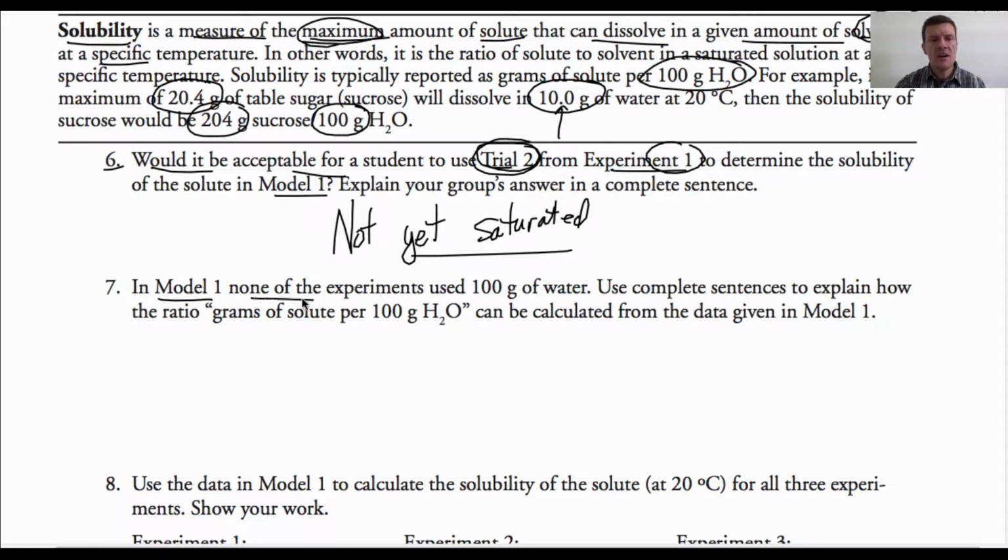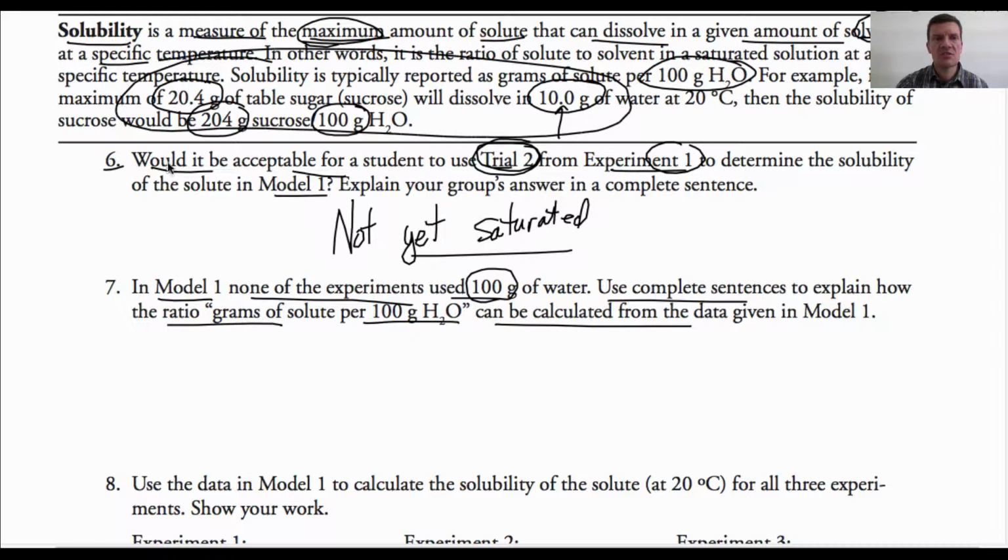In Model 1, none of the experiments used 100 grams. Use complete sentences to explain how the ratio, grams of solid per 100 grams of water, can be calculated from the data given in Model 1. Well, you're just going to multiply by a certain factor, just like we did up here. Let me just use this example.